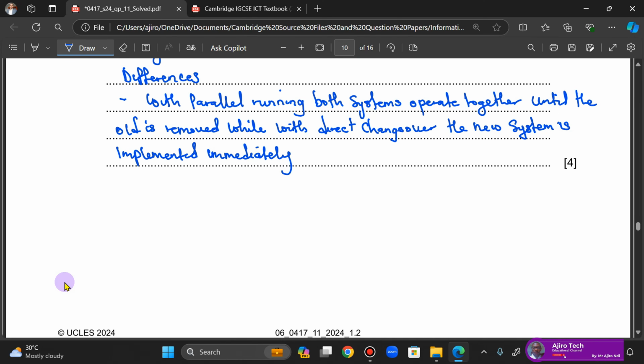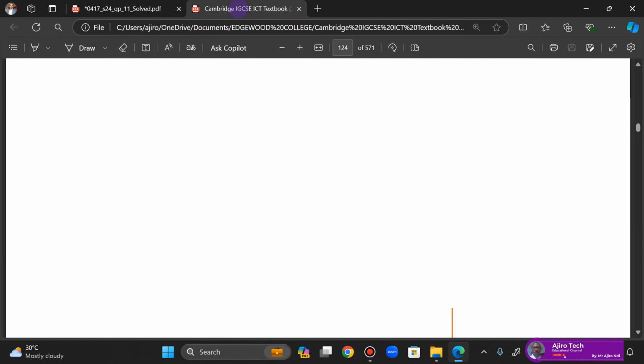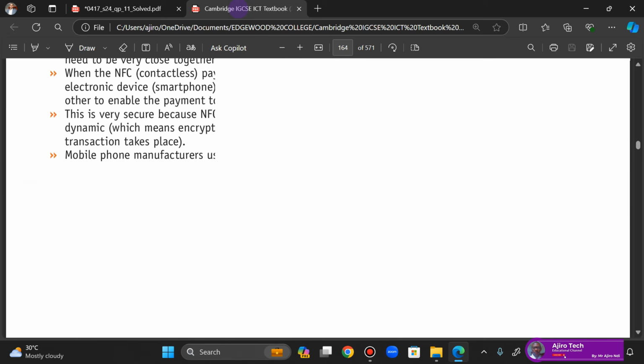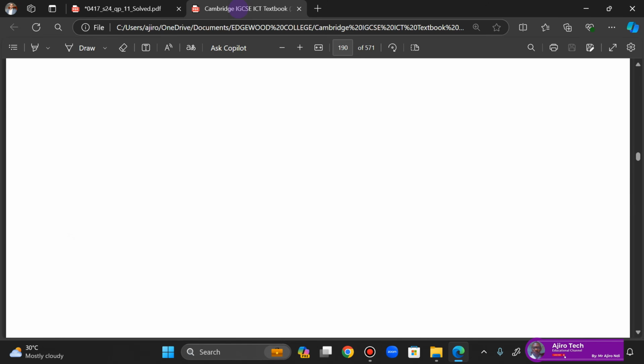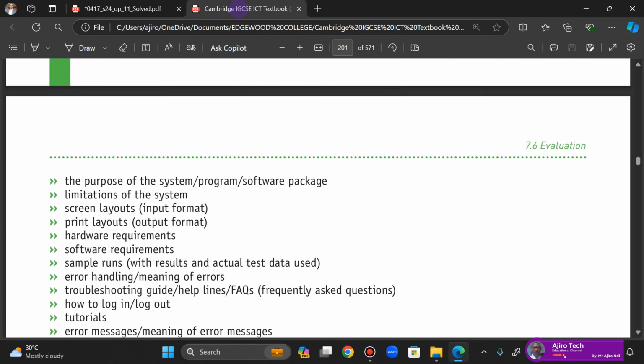Okay, another one. I know that from the direct changeover, the benefits are immediate, but I just want to add one more here.